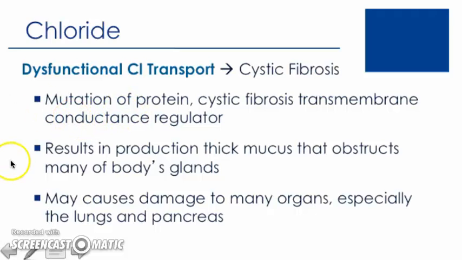And this condition will result in the production of thick mucus that obstructs many of the body's glands. It may cause damage to many organs, especially the lungs and the pancreas. So this underscores the important role of chloride transport.